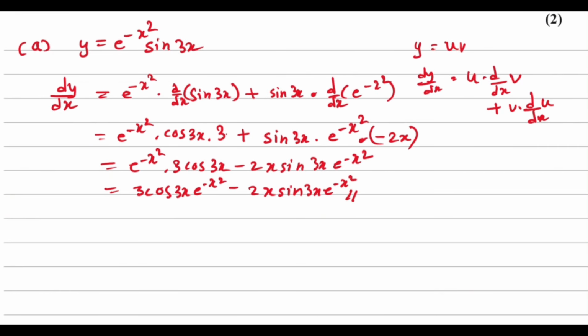The differentiation of e to the power of minus x square will be equal to e to the power of minus x square, but then we have to multiply the derivative of minus x square. The derivative of minus x square is minus 2x. This is where this term comes from.